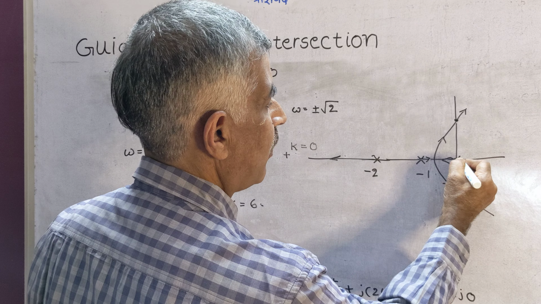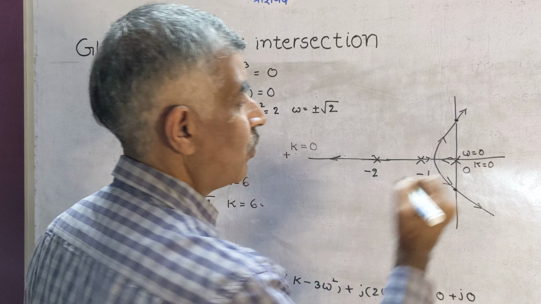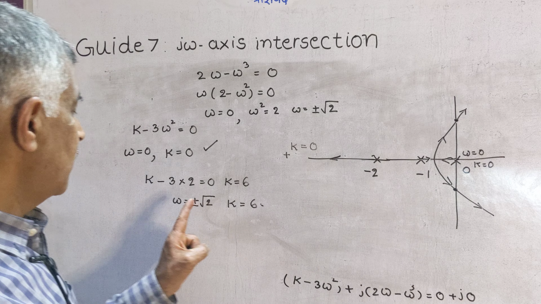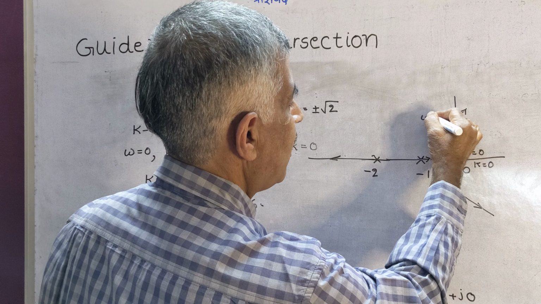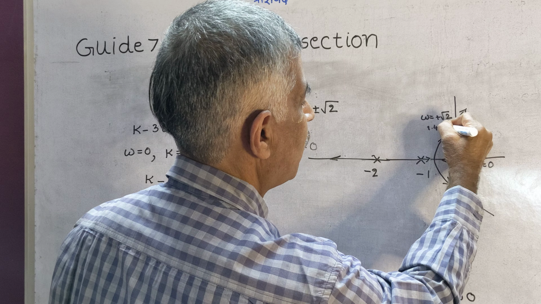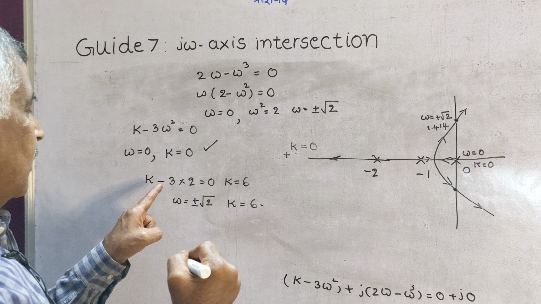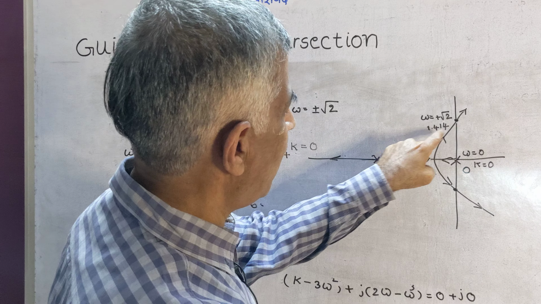Now, these are the intersecting points. This is one intersecting point: omega equal to 0, k equal to 0. Next, omega equal to plus root 2. Root 2 means 1.414.